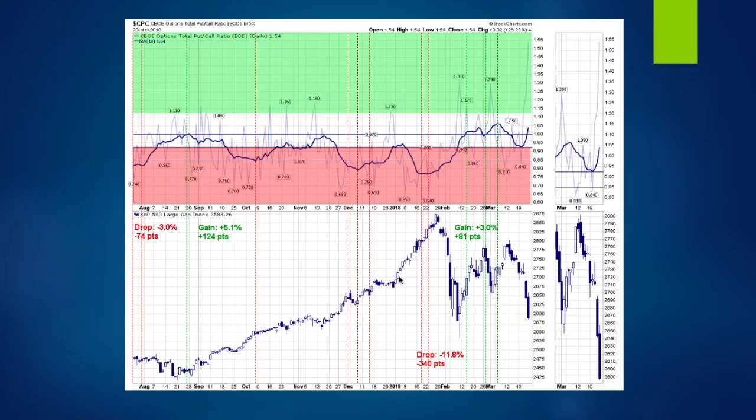The market's going parabolic, it's making new highs, and so everybody is extremely bullish. The reading came down to 0.64, so we're all the way up here. Everybody thinks that nothing can happen. The reading is extremely low, so everybody is extremely bullish, and so what happens?